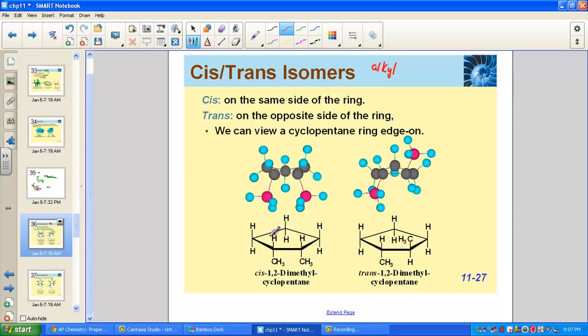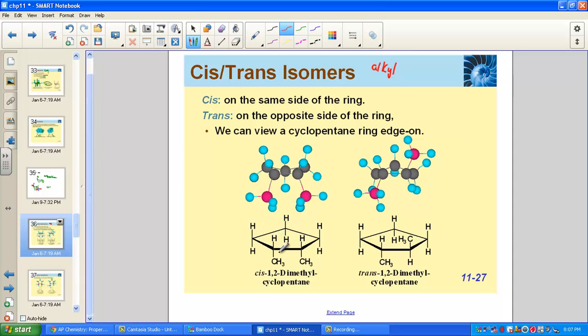So if I already assume I have a six-sided carbon ring called a cyclohexane, I can have those functional groups hanging off on the same side of the ring, called cis, or I can have those functional groups coming off on the opposite side of the ring, known as trans. Let's take a peek. A six-sided carbon ring, and notice these are all axial, aren't they?